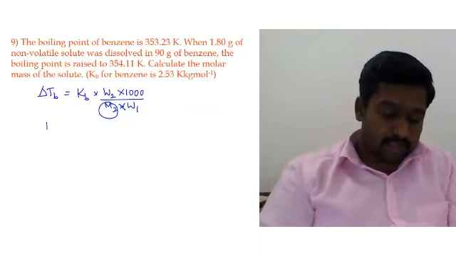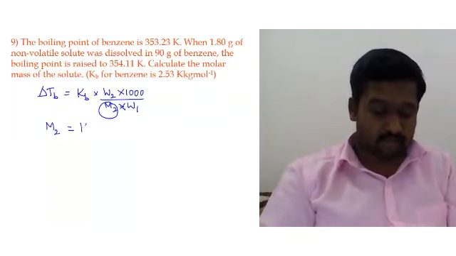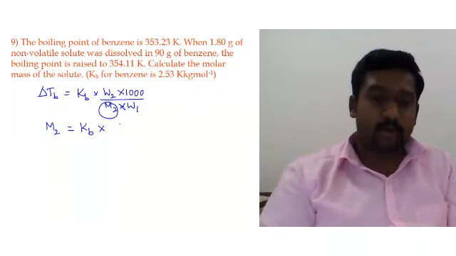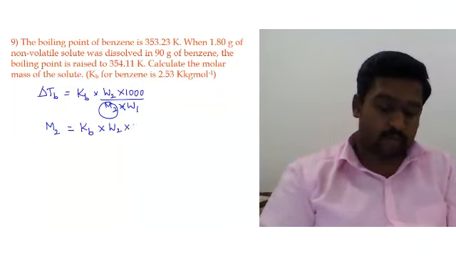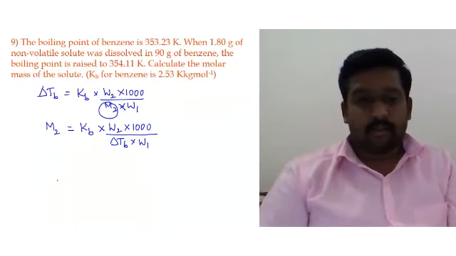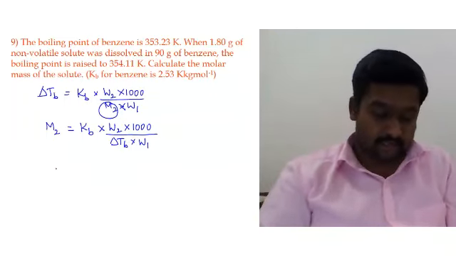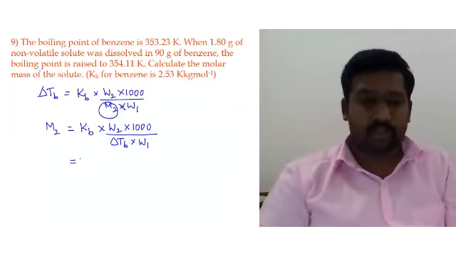So M2, I'll cross multiply to LHS, which is equal to Kb into W2 into 1000 divided by delta TB into W1.